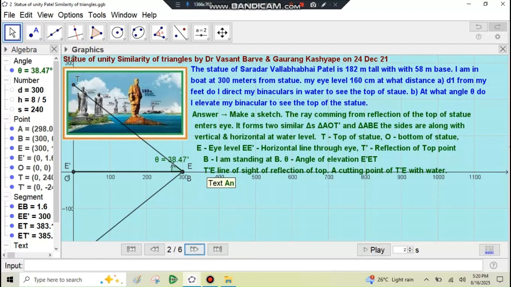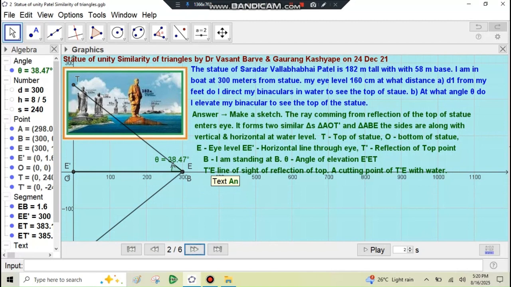Okay, so we will have that particular thing. So triangles AOT dash, T dash is here, AOT dash, and triangle ABE. Now we are not seeing those ABE, they are all in a small triangle here. Okay, I will expand that and show you.